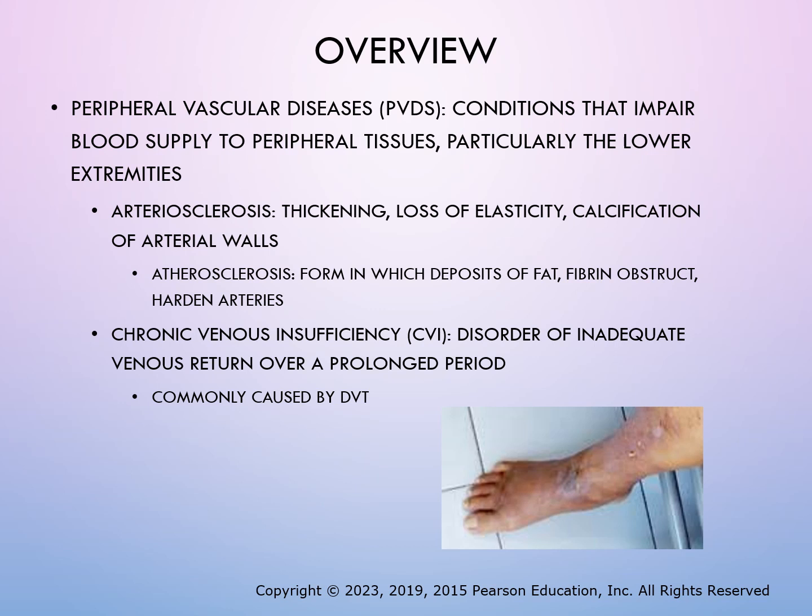Arteriosclerosis, the most common disorder of the arterial system, includes wall thickening and reduced wall elasticity, leading to calcifications within the vessels. A subcategory of this is atherosclerosis, where you have fat and fibrin accumulation, which obstructs and hardens the arteries.